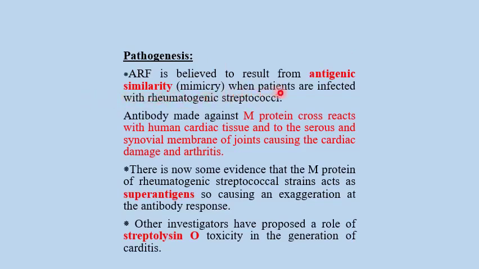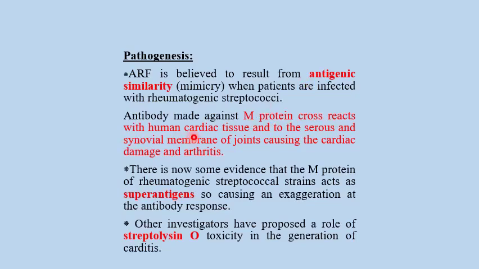When patients are infected with the rheumatogenic streptococci, there is antigenic similarity, meaning two antigens are similar. The antibody made against the M protein of these rheumatogenic streptococci cross-reacts with the human cardiac tissue.